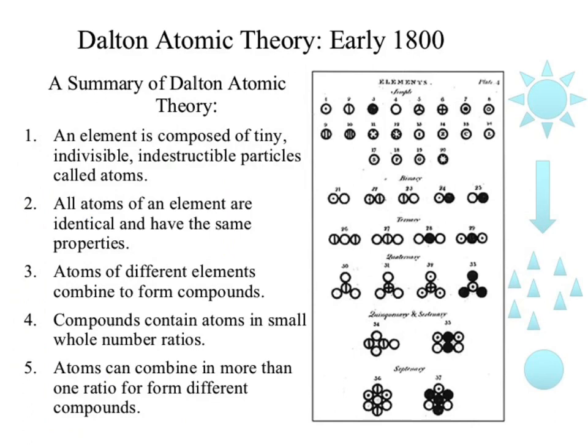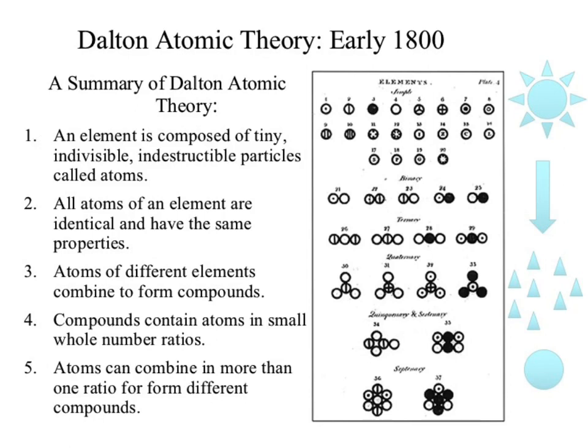So the first one was that they're indivisible or indestructible, which is proven false because we have subatomic particles, protons, neutrons, electrons. Okay? All atoms of the element have identical properties. Isotopes disprove that because they have different masses. Electrons disprove that because they have different charges.